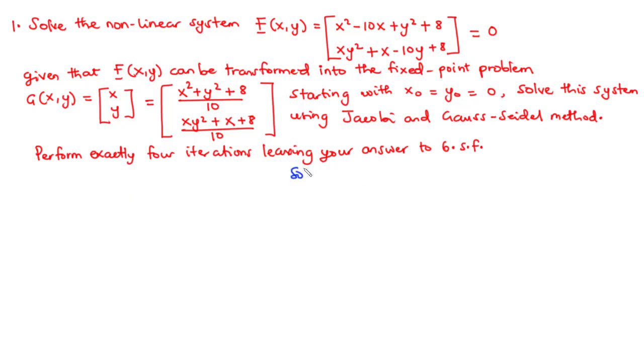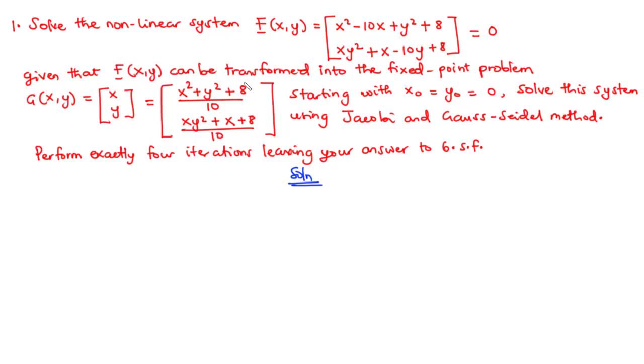So how do we solve this problem? We are given an initial guess, that is x naught equals y naught equals 0, and also you realize here that we are given a possible arrangement in the problem. Now this is given so as for us to be on the same page.